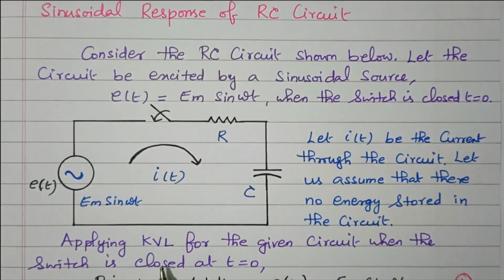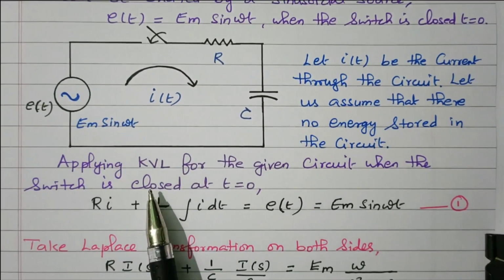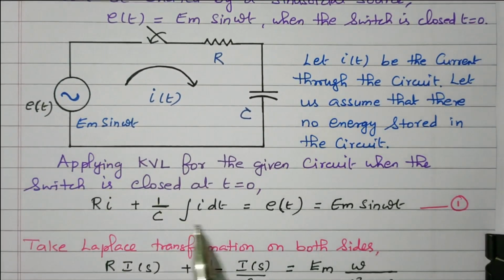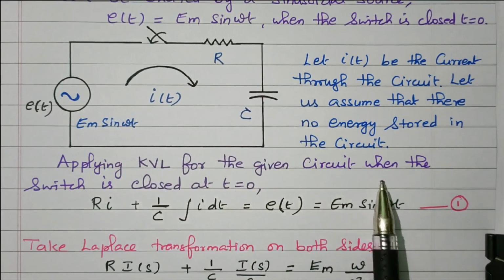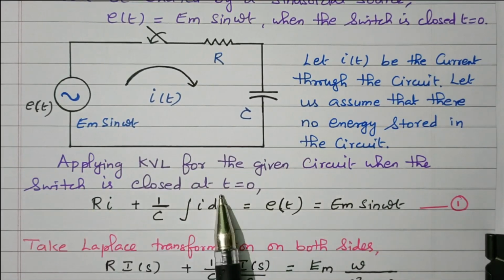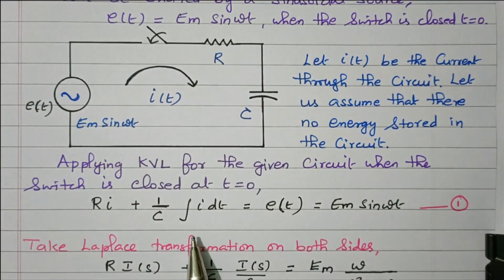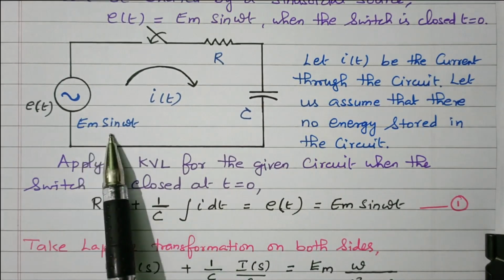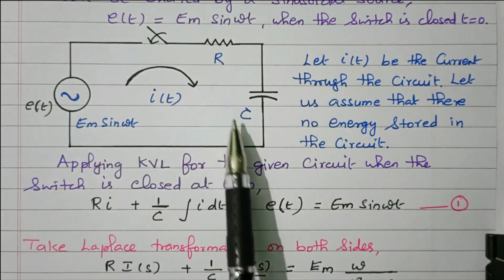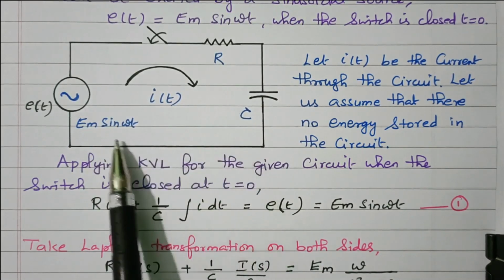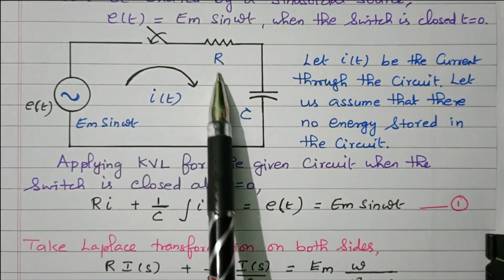Now we are going to apply the Kirchhoff's voltage law, KVL, to this circuit in order to frame the equation. Applying KVL for the given circuit when the switch is closed at t equal to 0. What is the Kirchhoff's voltage law? The voltage rise or applied voltage equal to voltage drop across resistor and capacitor. Otherwise, voltage rise equal to voltage drop.